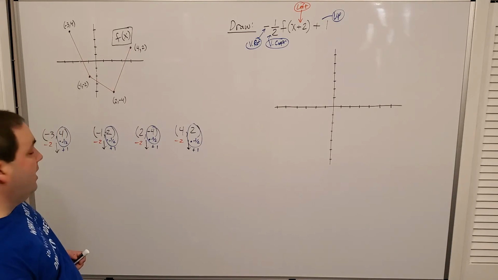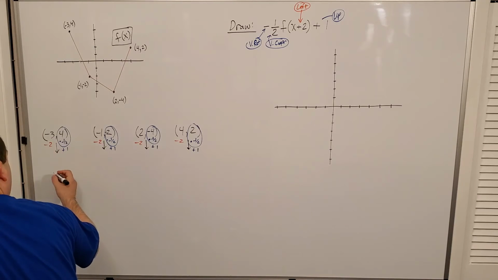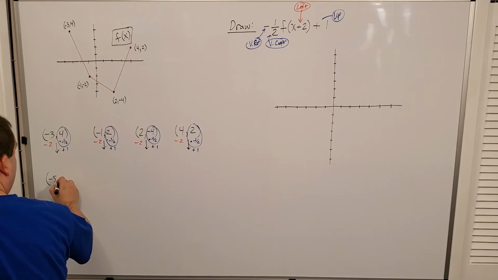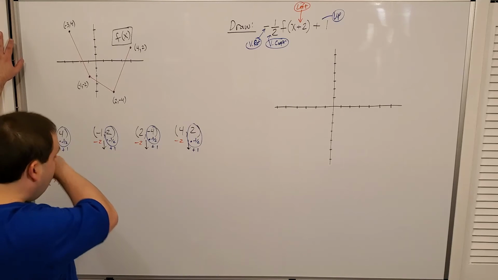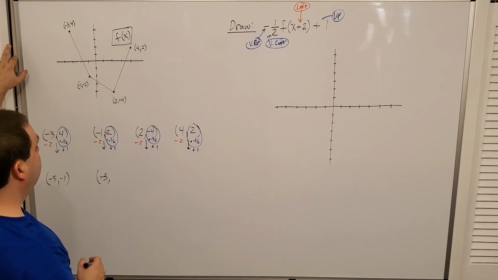So let's find the new coordinates of these bad boys here. I'm going to have the point negative 5 because of the negative 3 minus 2. 4 times negative 1/2 is negative 2, plus 1 is negative 1. All right, here negative 1 minus 2 is negative 3.